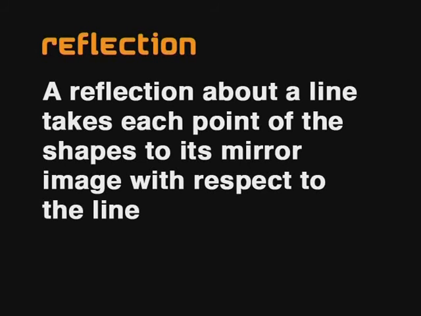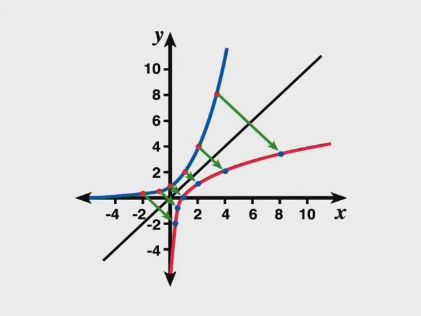We said that a reflection about a line takes each point of the shape to its mirror image with respect to the line. We can also show that the line of reflection is the perpendicular bisector of the line joining the original point and the reflected point. This means that the function and its inverse are reflections of each other about this line.